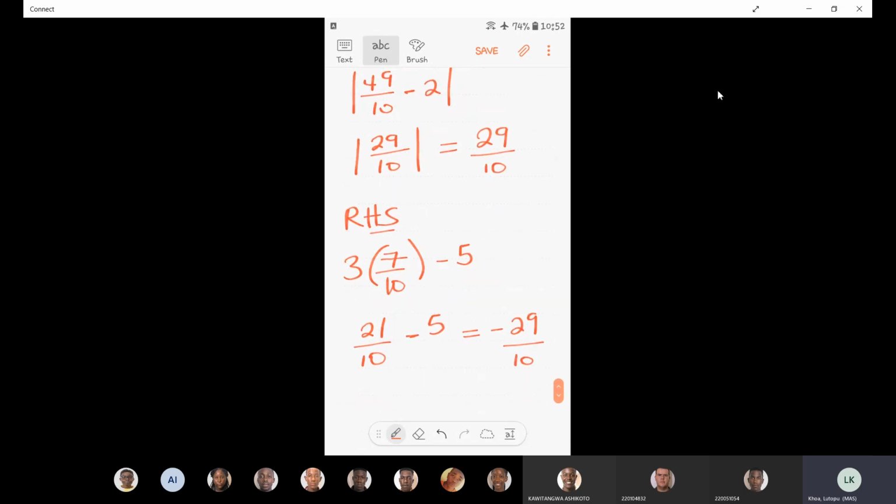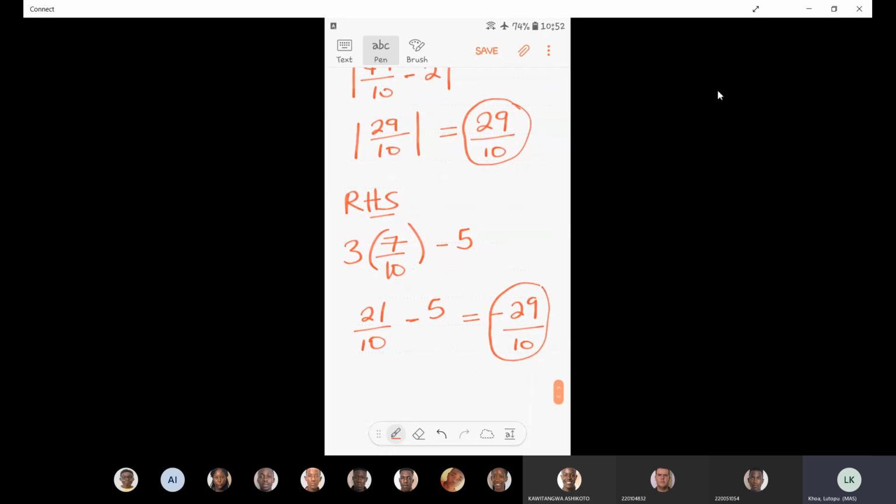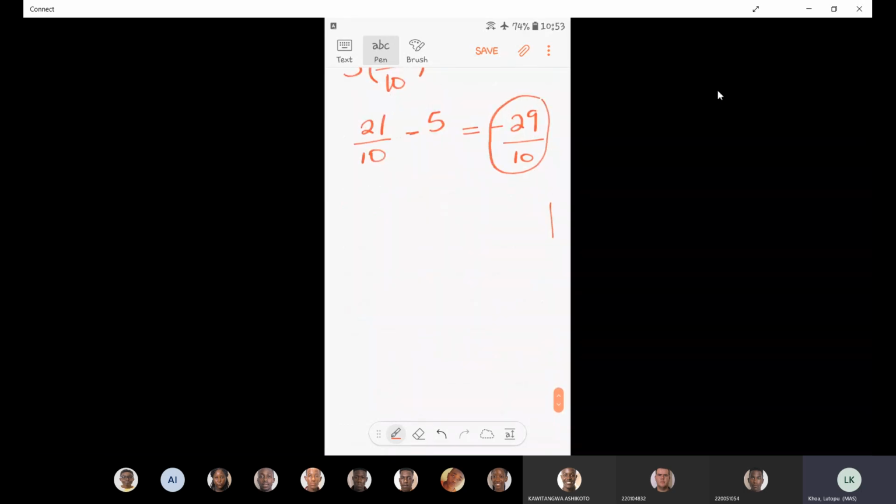Right, so again, we compare our left-hand side, 29 over 10, with the right-hand side, negative 29 over 10. Those two are obviously not equal. Then I make a conclusion. Left-hand side is not equal to the right hand side. Therefore, x, which is equal to 7 over 10, is invalid.